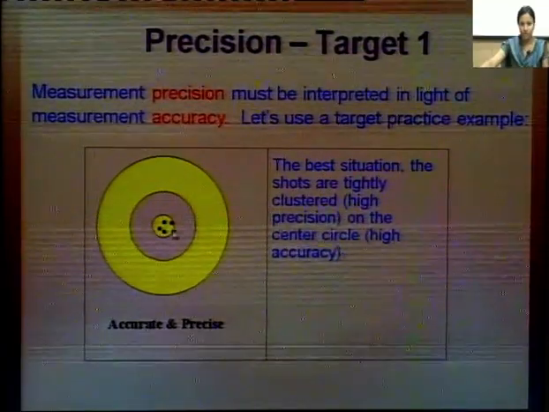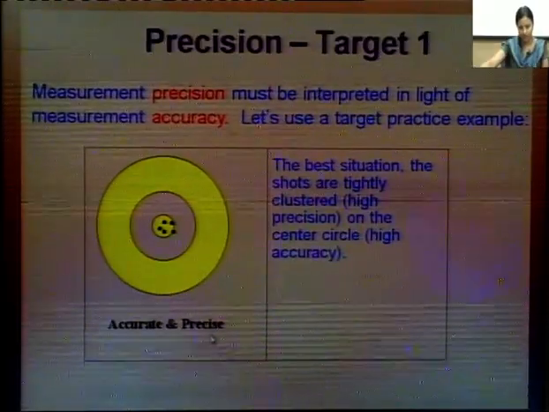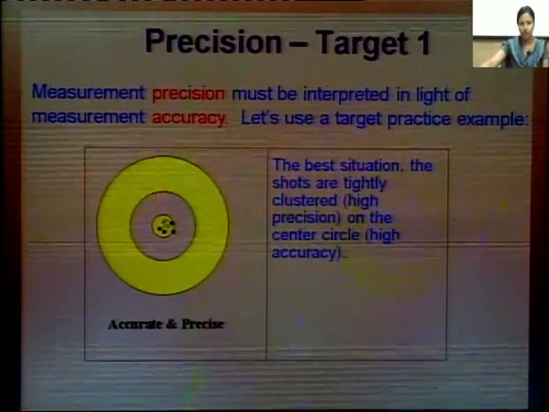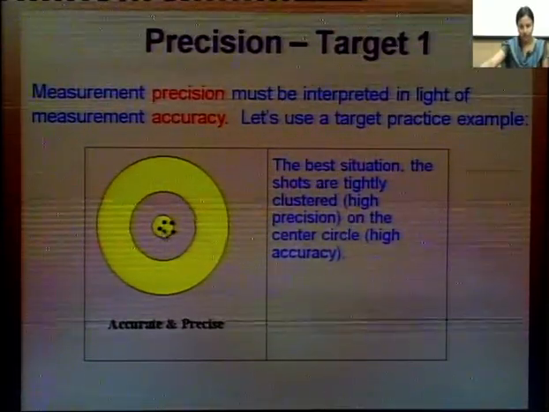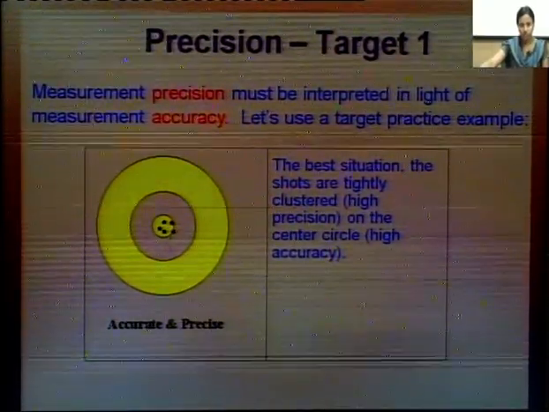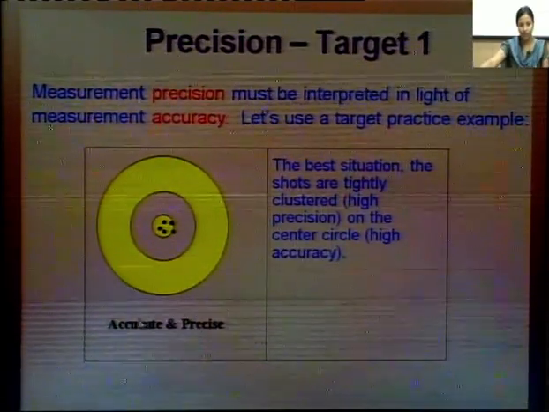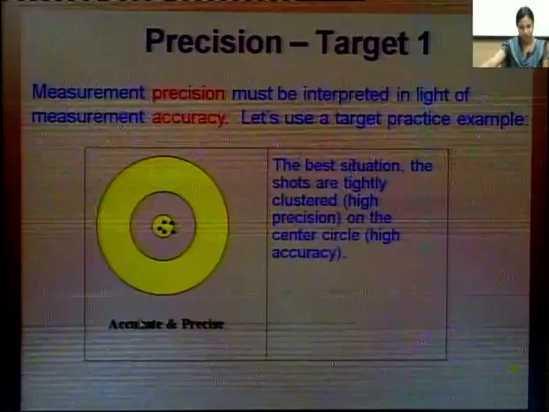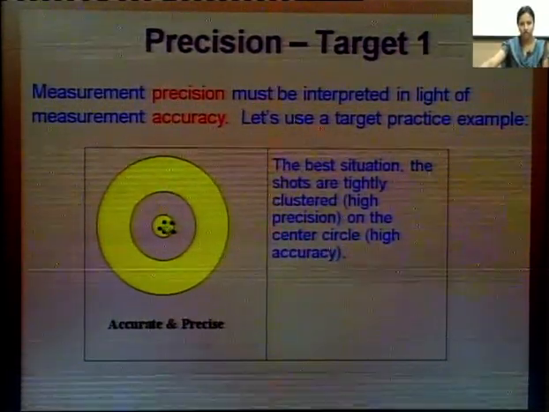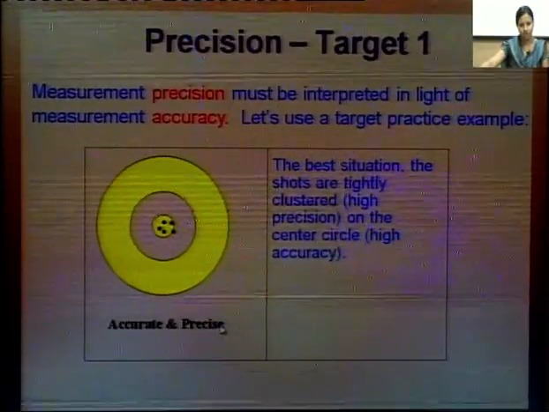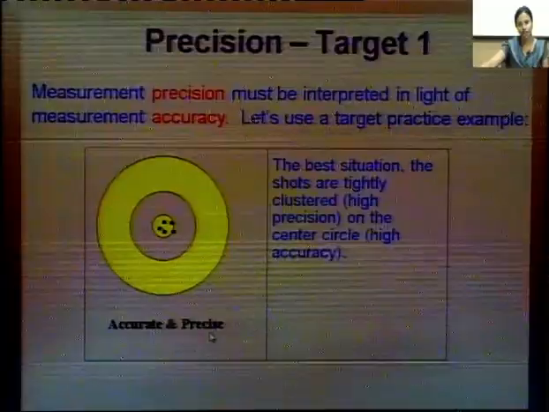If these readings are closer to each other, then this is called precise, and if they are closer to this point, then they are called accurate, because the actual thing is here. So if all the readings are about this point, then this is called accurate, and if all the readings are closer to each other, then this is called precise. So this example is accurate as well as precise.